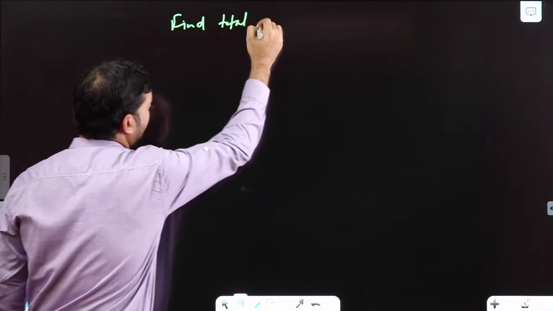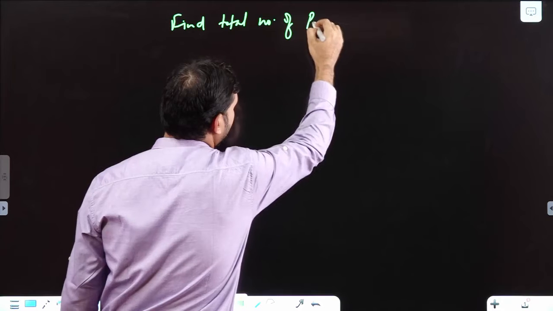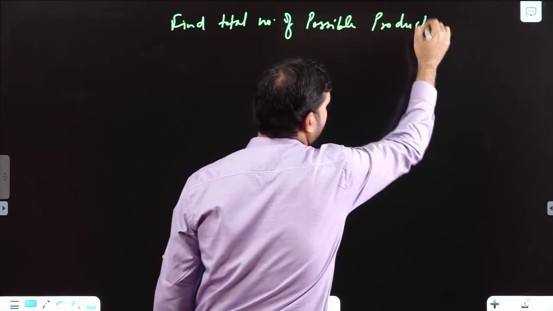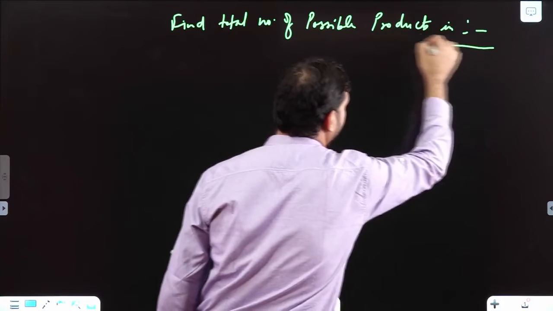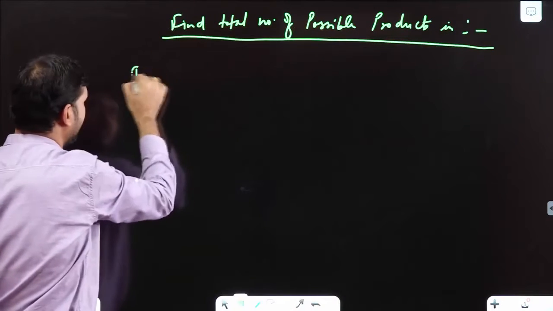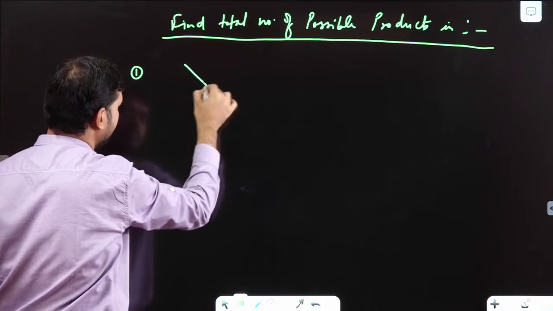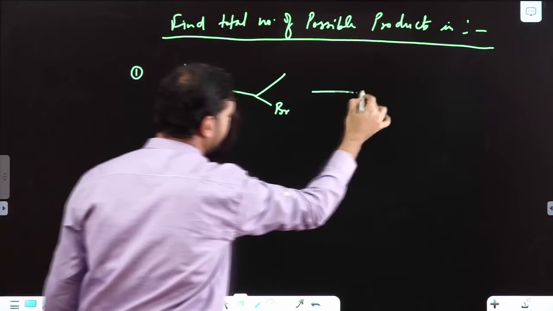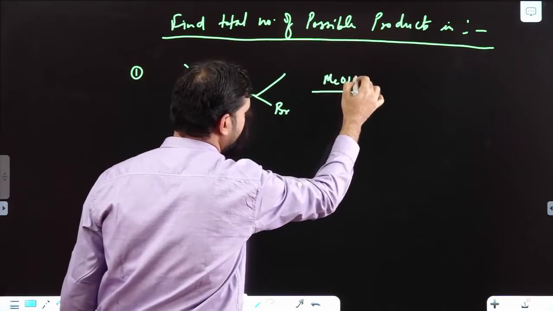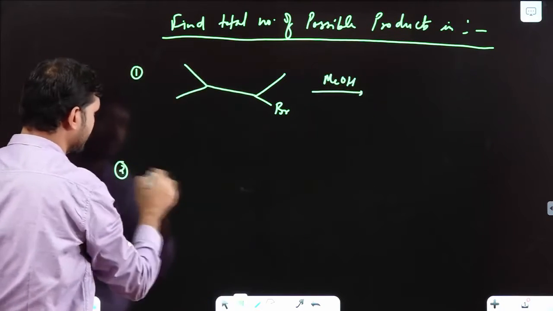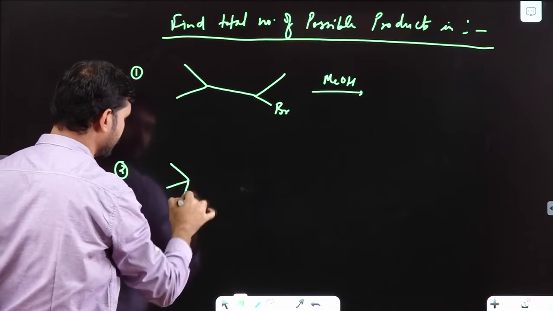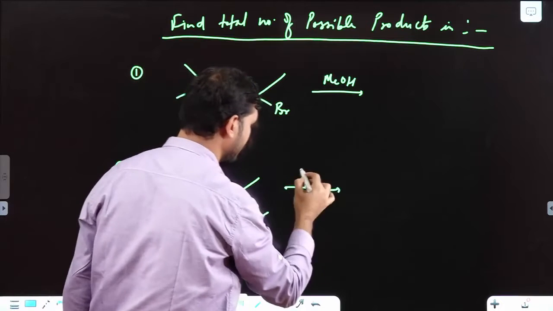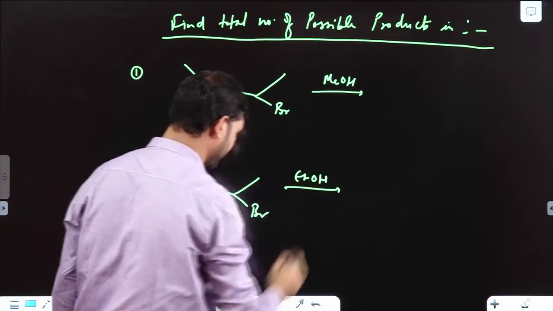Find total number of possible products in first, okay.